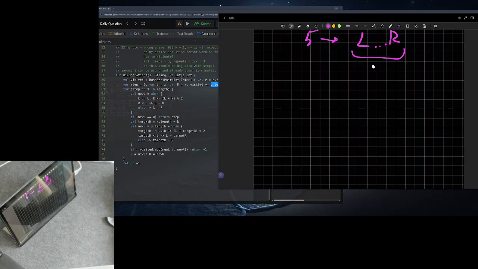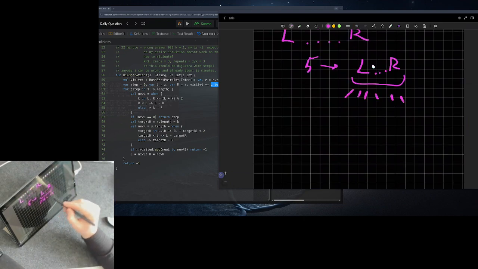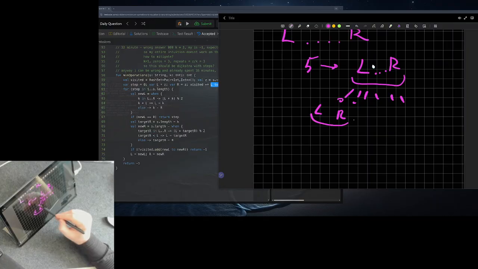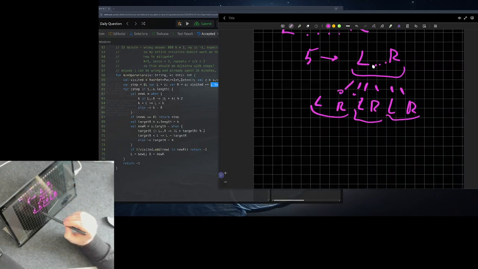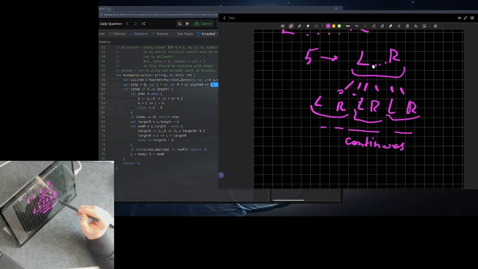And if we put all these left and right pointers to the next step of the queue, we know that each value should give us some new left-right pointers, and this is a continuous range, and that means we can skip the queue.